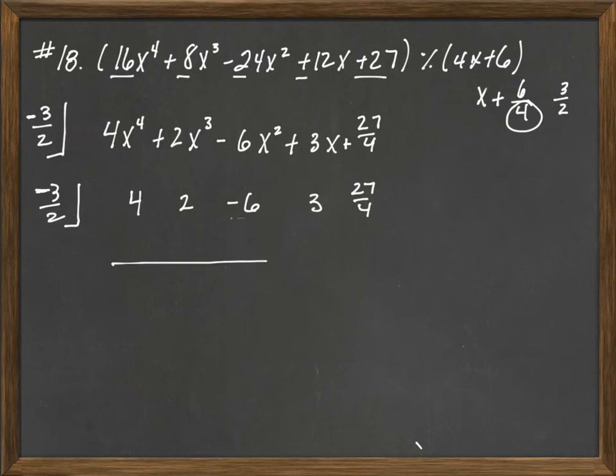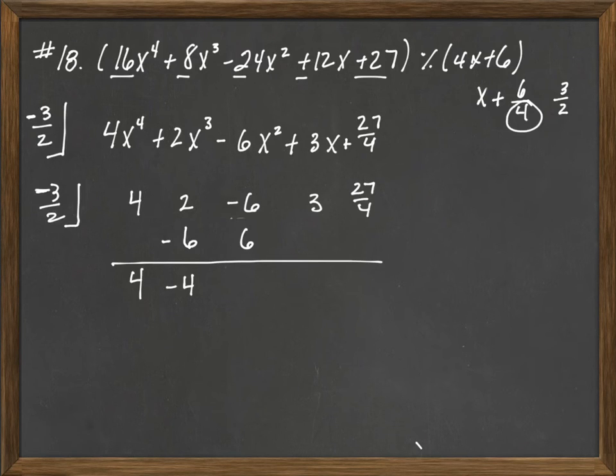So go back. Now we have negative. Okay, so 4. And then negative 3/2 times 4 would be negative 6. So then you get negative 4. And then you would have 12 over 2, which is 6.